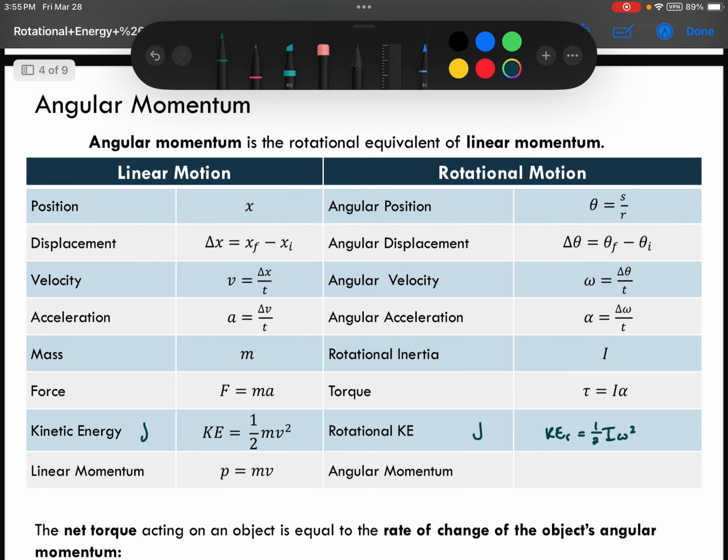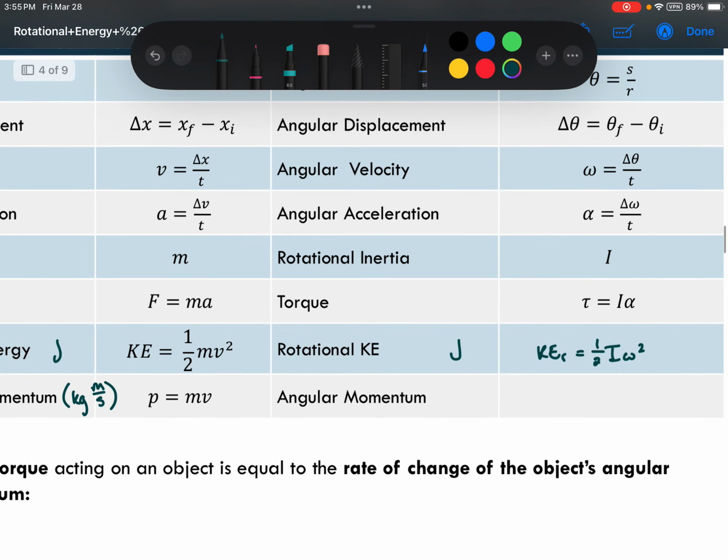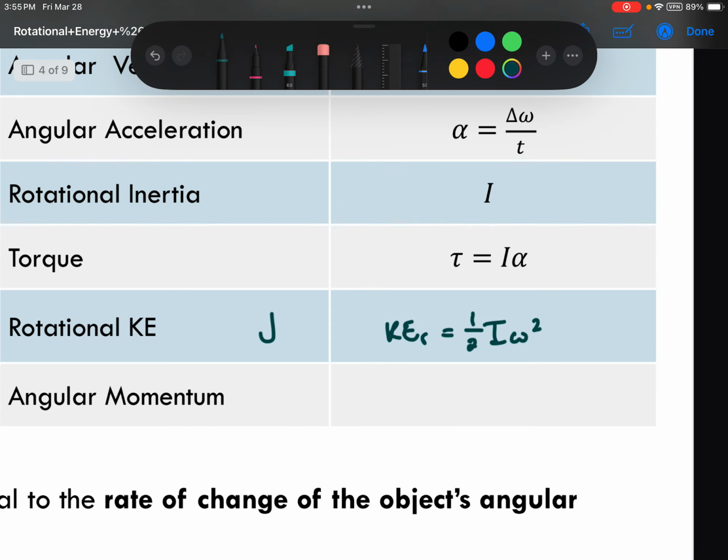All right. Our next big topic is angular momentum, and it is our rotational equivalent of linear momentum. Linear momentum, I went ahead and included the formula here for y'all. It is P equals mv, and remember our units for that are kilograms meters per second. Angular momentum also has an odd variable that represents it.